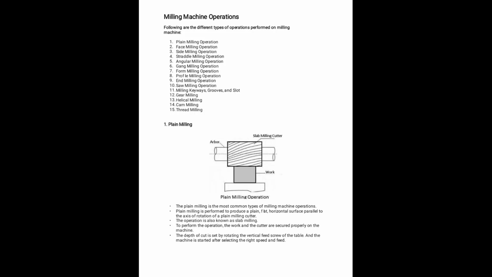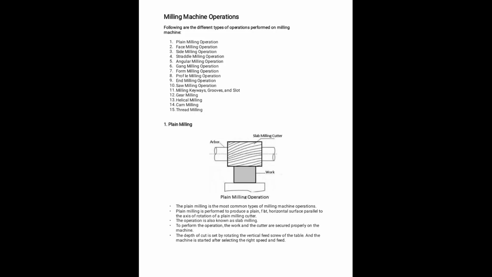The different types of milling operations are: plain milling operation, face milling operation, side milling operation, straddle milling operation, angular milling operation, gang milling operation, form milling operation, profile milling operation, end milling operation, saw milling operation, keyway, groove and slot cutting milling operation, gear milling operation, helical milling operation, cam milling operation, and the last one, thread milling operation. These are the different types of milling operations.